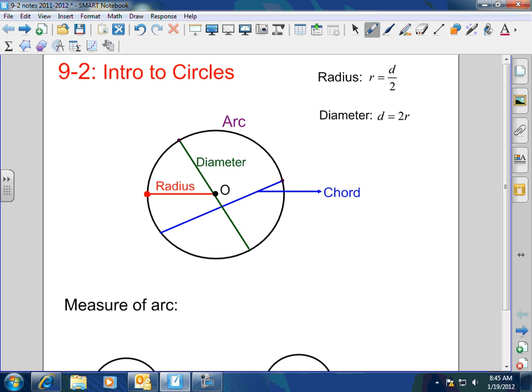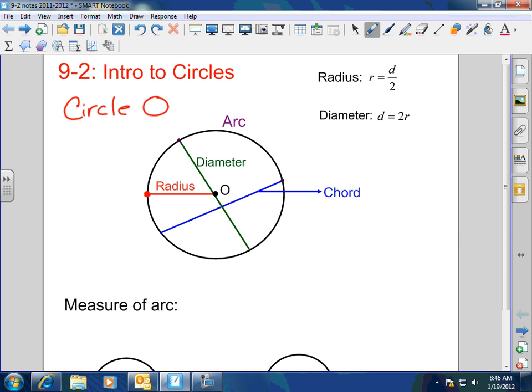The center of a circle will always be labeled. So in this case, O is the center. It's actually called circle O. The center of the circle defines the name of the circle.